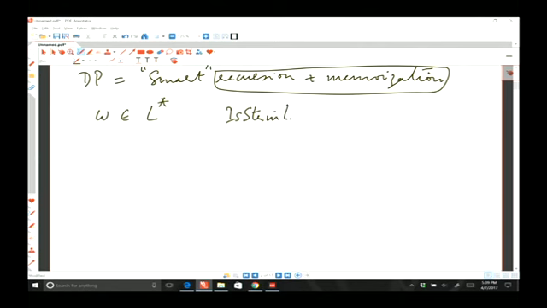That's a routine which, if you give it a string X, will say yes or no. And then you want to know whether W is in L star. That means whether I can split W into W1, W2, ..., Wk, where each of them is in L.